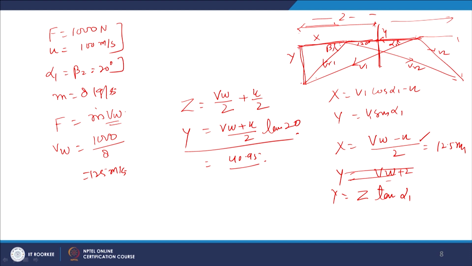Once we have the value of x and y, we can find the value of beta 1. Once beta 1 is known, we can find the value of alpha 2, right.